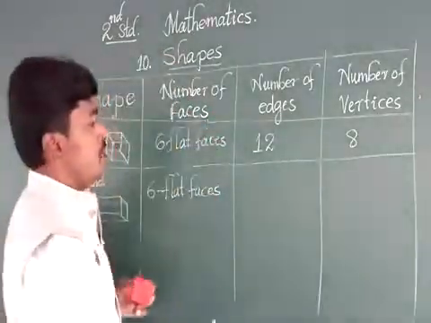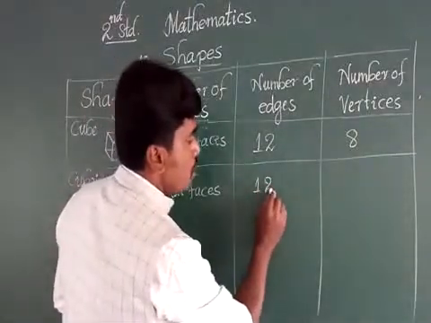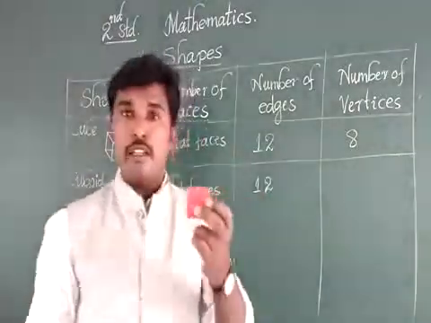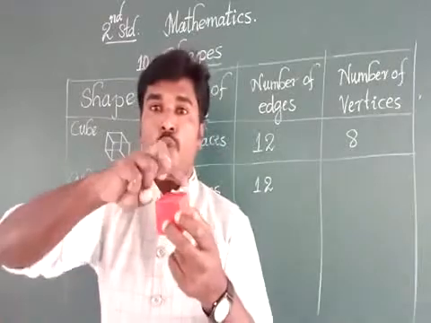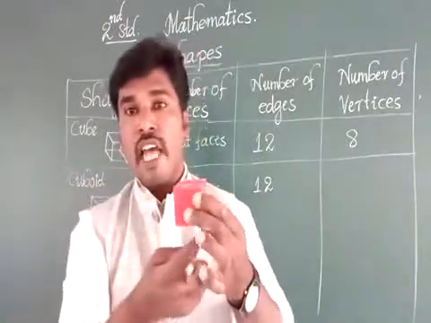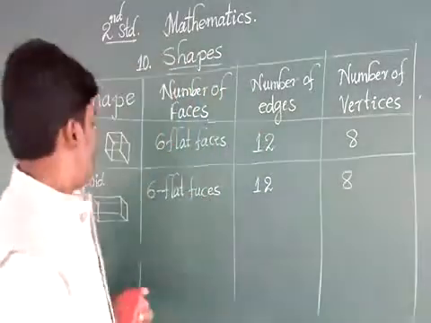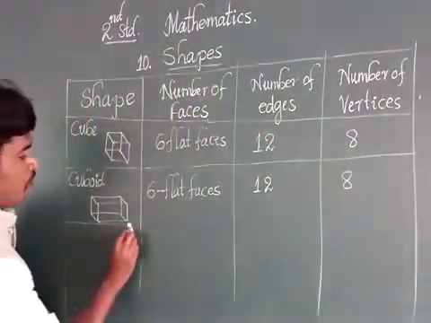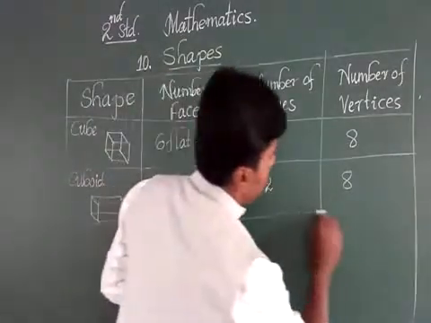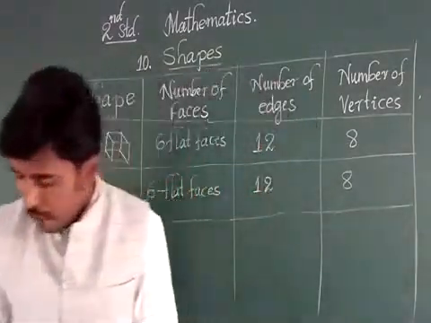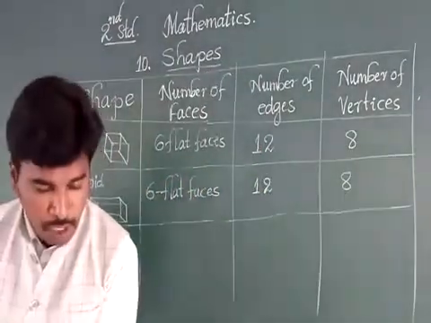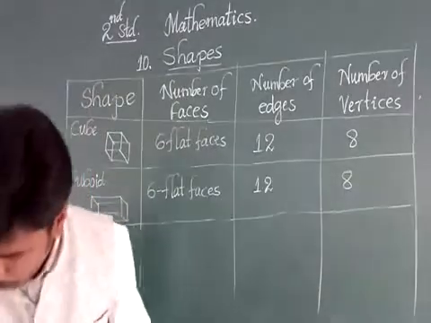There will be 12 edges and 8 corners or 8 vertices. 1, 2, 3, 4, 5, 6, 7, 8. So this is about the cuboid. What is the third shape, dear children? The third shape is the cylinder.